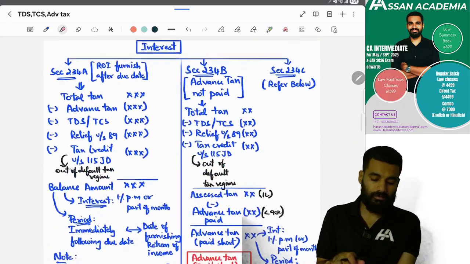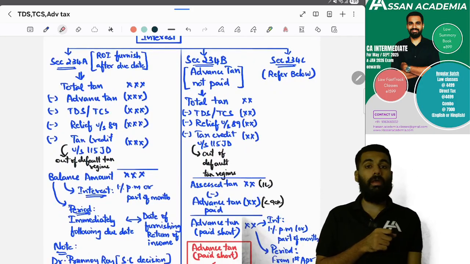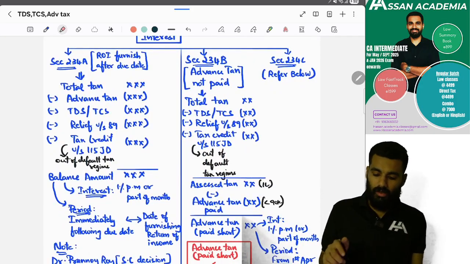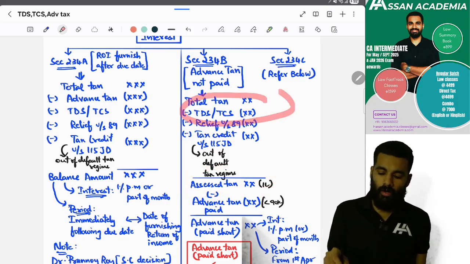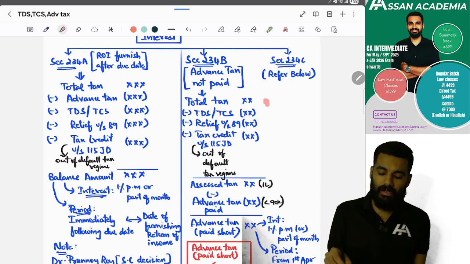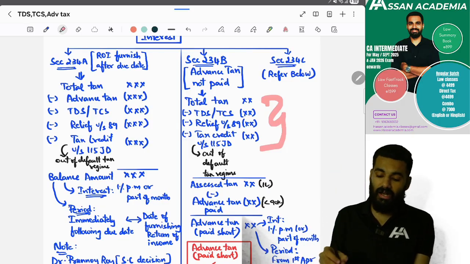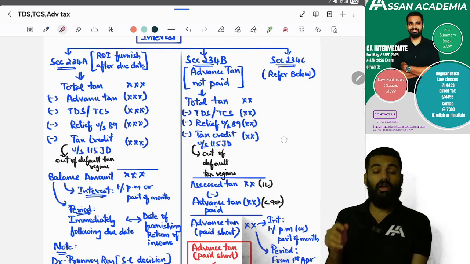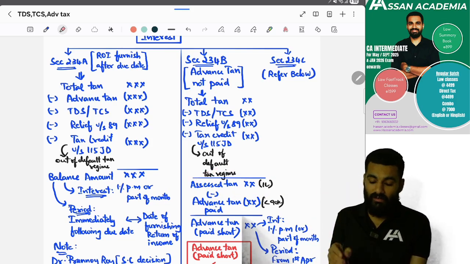So what is section 234B? It is interest. You calculate the actual amount of tax minus TDS, TCS, relief, and AMT credit under section 115JD. What is the assessed tax? From this assessed tax, how much advance tax have I paid during the previous year?